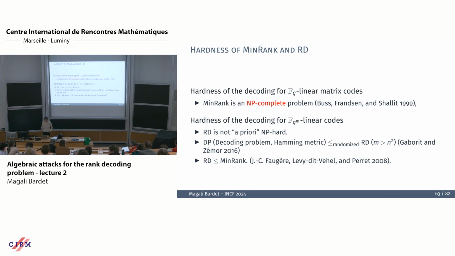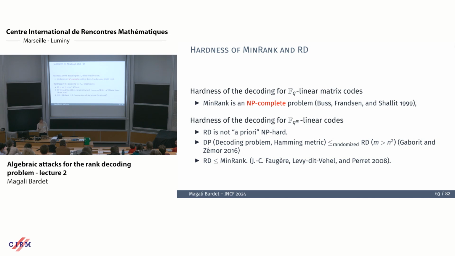For the Fq^m-linear code, the decoding problem is easier in some sense. It's not clear it's NP-hard. There is this structure. There is a randomized reduction from the decoding problem in the Hamming metric to the rank decoding problem with some constraint, and it's a probabilistic reduction.